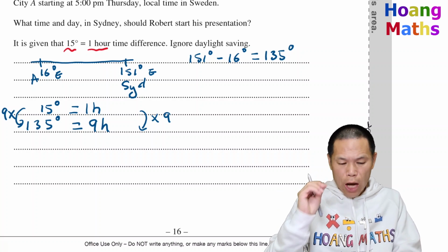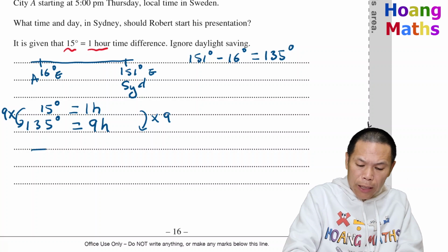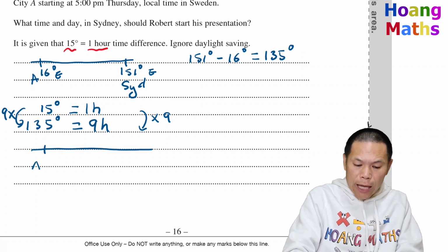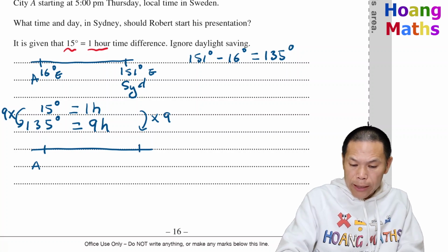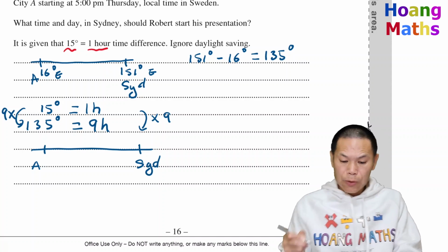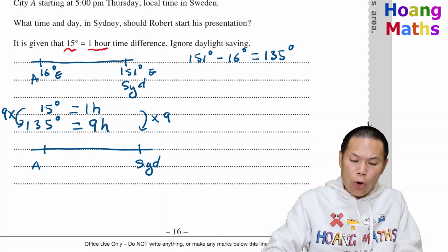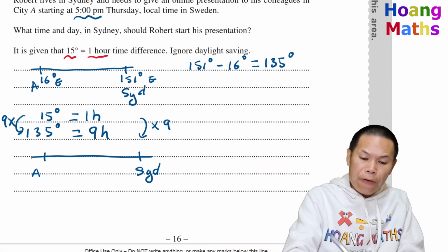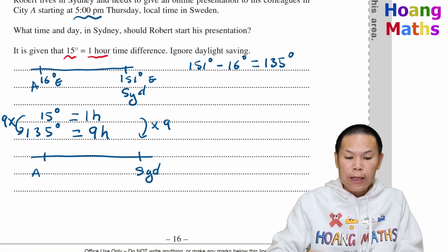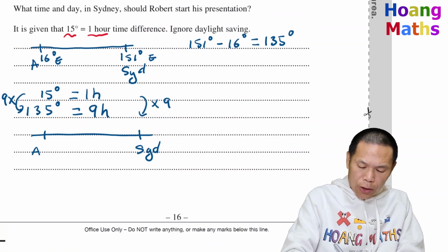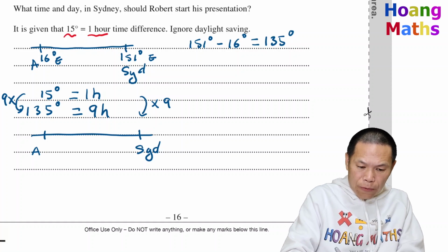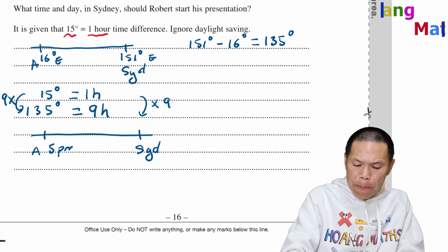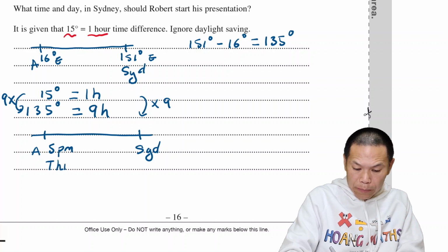To work out the time difference, let me draw a timeline, so it makes it easier. This is location A, that is Sweden, and this is Sydney. And we know that the local time is 5 p.m. Thursday in Sweden. So that is location A. That is 5 p.m. Thursday.